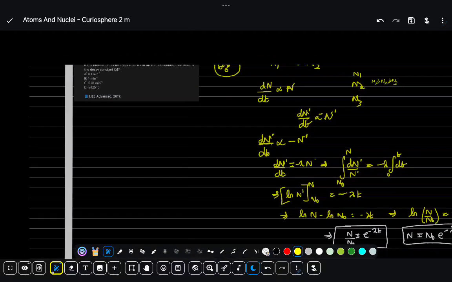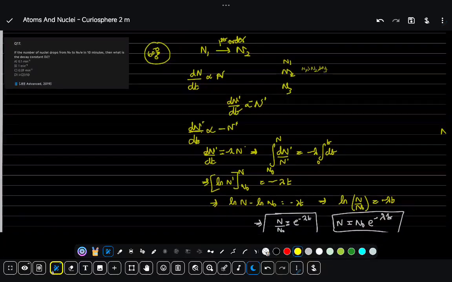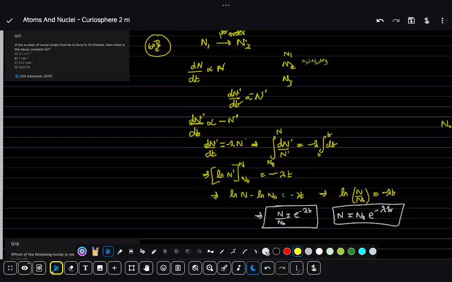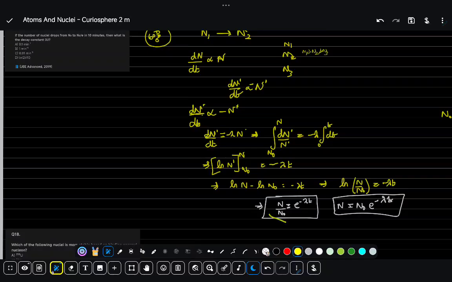Okay, let's go. Now, what is it? The number of nuclei drops from n naught to n naught by e in 10 minutes. Then what is the decay constant? Oh, very easy question. We just apply this formula: n by n naught equals e power minus lambda t.